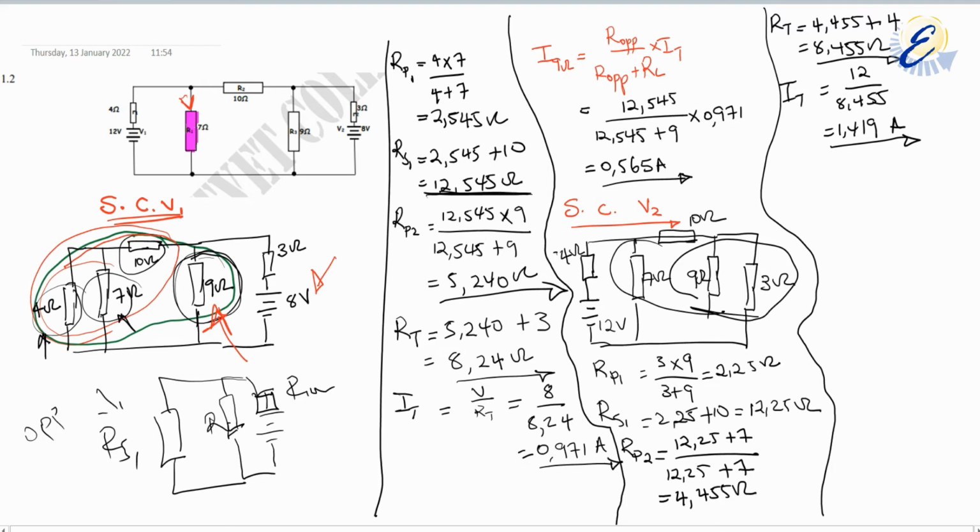What does this mean? It means that we subject all these resistors to be an opposite resistor.